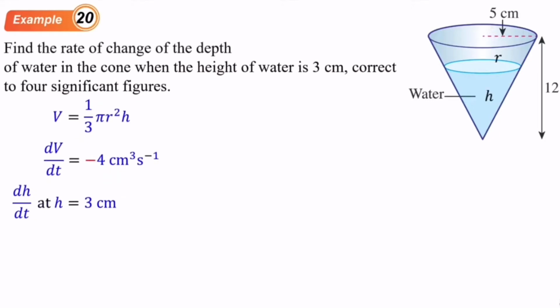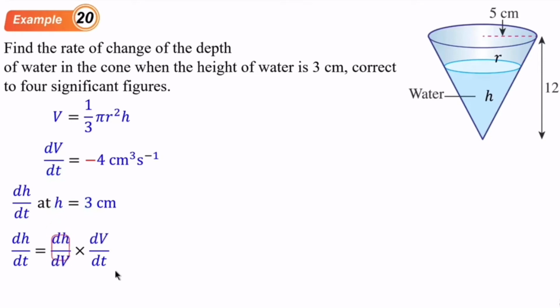Now let's try to differentiate the volume with respect to h. Before that, dh/dt we must write in terms of the chain rule, with dh on top and dt below. And we have one more unknown, that will be volume. Volume is changing, so we will write dV for both terms.